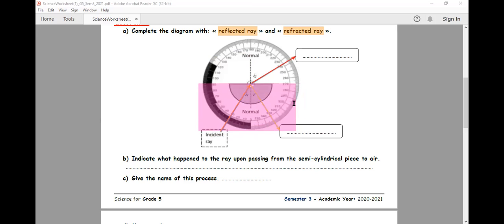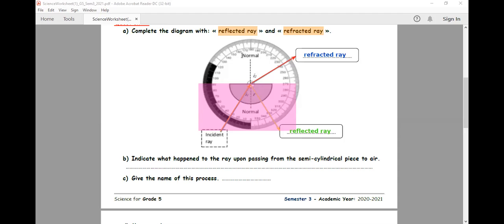So this one is the reflected ray, and the red one is the refracted ray, because refraction happens when light passes from one medium to another medium.